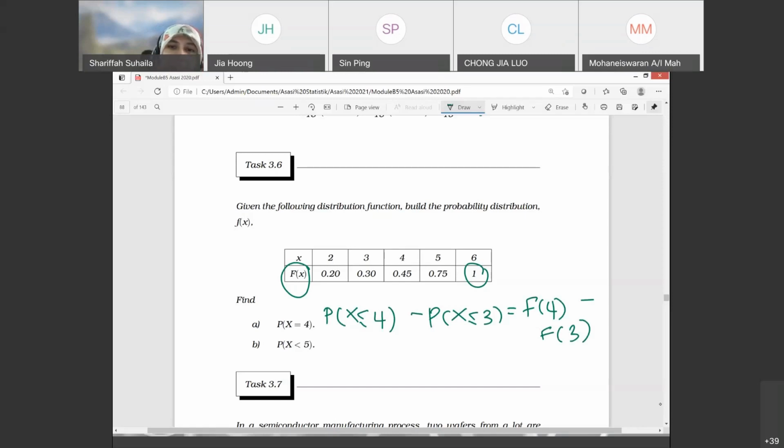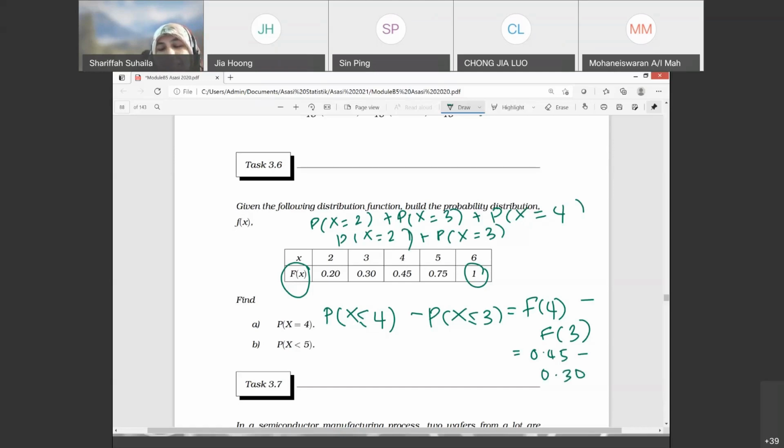Probability x less than or equal to 4 means probability x equals 2, probability x equals 3, plus probability x equals 4. And x less than or equal to 3 is x equals 2 plus probability x equals 3. So this one minus this one, you get back probability x equals 4. So capital F4 minus capital F3: 0.45 minus 0.3, so 0.15. Exactly 4.